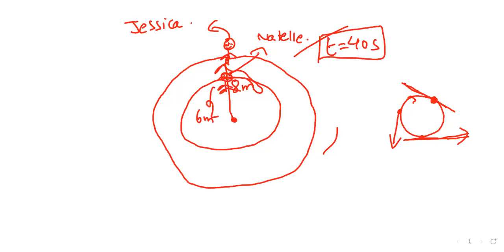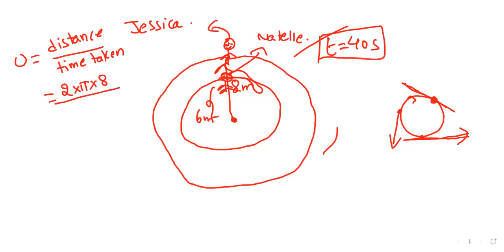What is the formula for tangential speed? Speed is nothing but distance traveled upon time taken. So we would need to figure out the circumference. Yeah, distance is nothing but circumference, and the circumference is given by 2 pi 8 over 40 seconds.